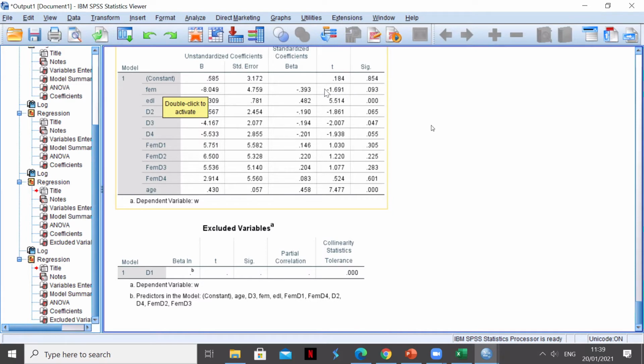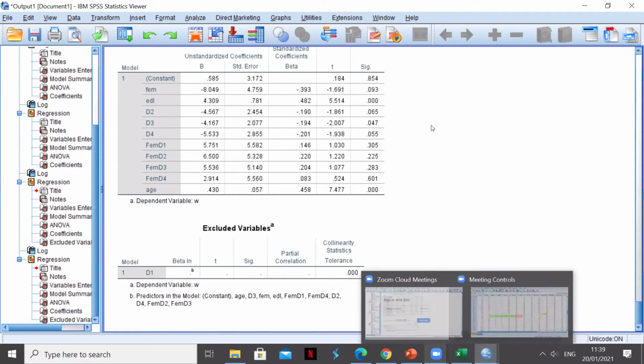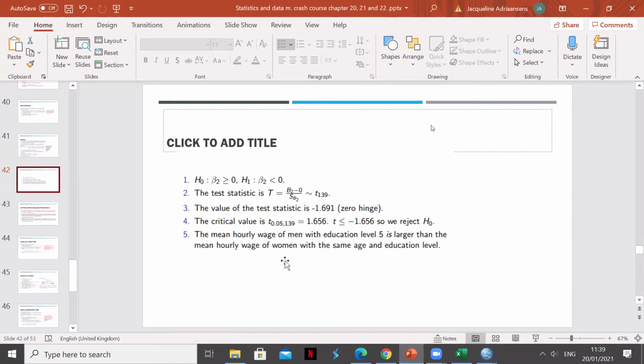And this is going to be your t value. What is your critical value? You can do it in Excel, but we've done it quite a few times. So yeah, let's say that it's this. I'm not going to calculate it because we've done it very often already, and it's going to take too much time. So this is our critical value.